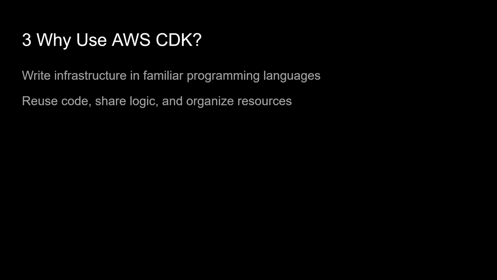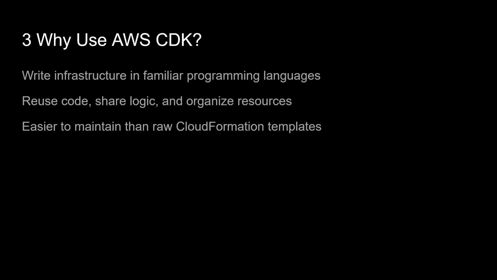You can break things into modules, share logic across projects, and keep things well structured. Compared to raw CloudFormation, CDK is often easier to read, test, and maintain. And because it's code, it fits naturally into your existing developer workflows: version control, code reviews, testing, and automation.